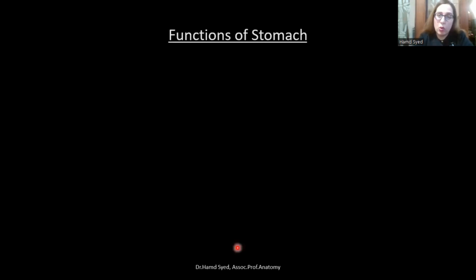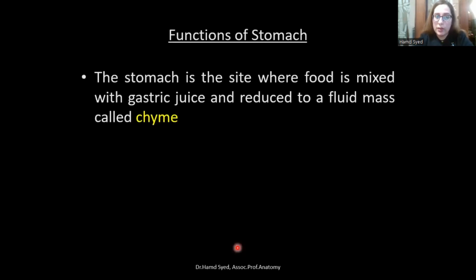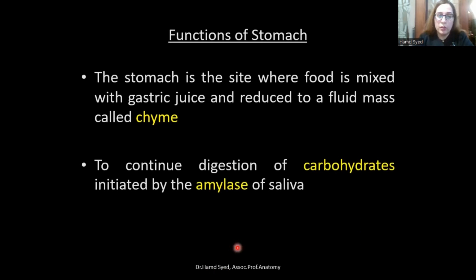What are the functions of the stomach if we want to summarize them? Well, we know that this is the place where the food is going to be mixed with the gastric acid and the other secretions, and it will eventually be reduced to a fluid mass, which is known as chyme. Now, the digestion of carbohydrates, remember, begins in the mouth by the enzyme amylase, which is present in the saliva.